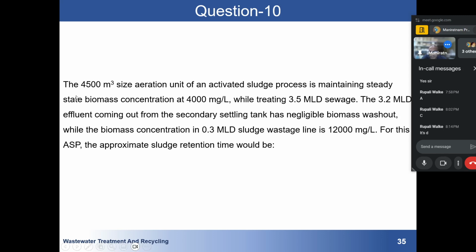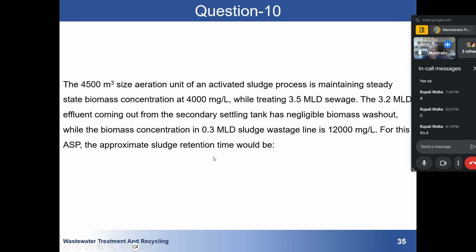Okay, now biomass concentration is given to you. Q is given to you. And then the biomass concentration in the outflow is given to you, then the approximate sludge retention time.